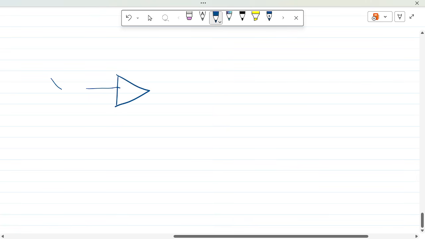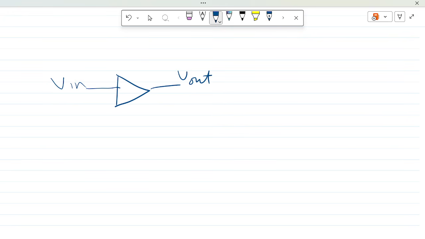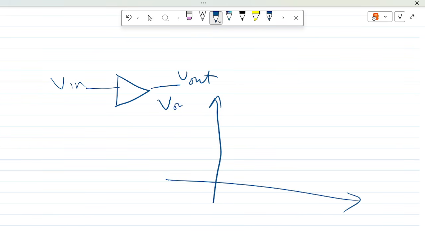Because in a single stage amplifier, if you recall, if I had voltage input against voltage output and I plotted Vout against Vin, I would have got something like this, showing that the slope will be the voltage gain.